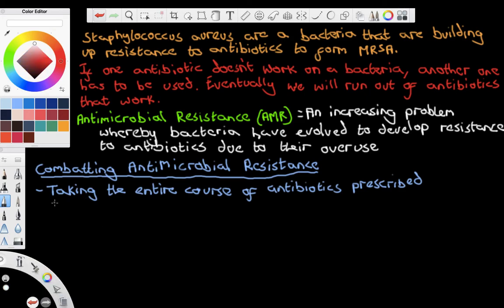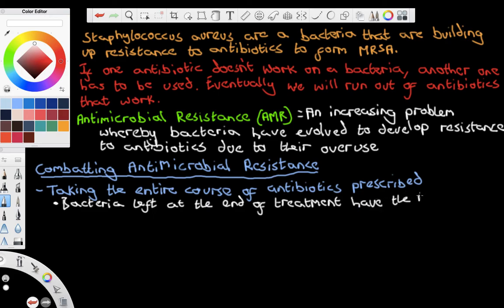So we can say that bacteria left at the end of treatment have the most antibiotic resistance.